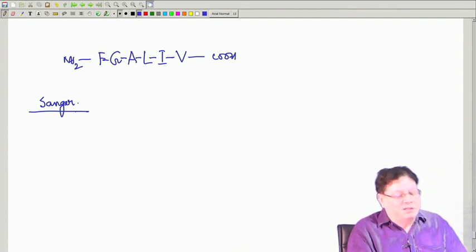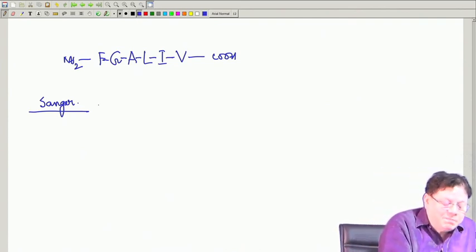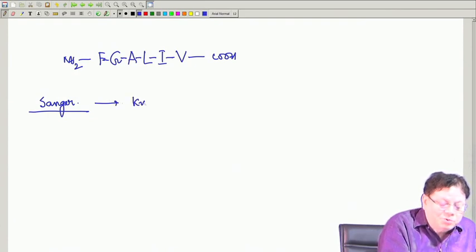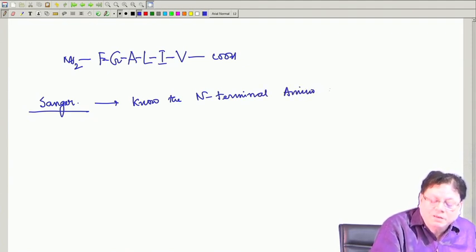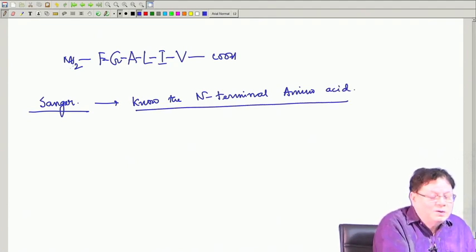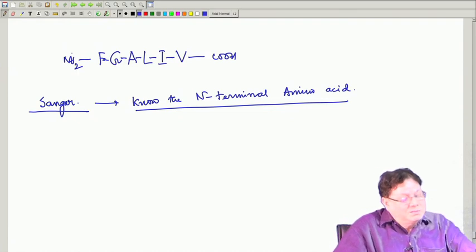He developed a method which was meant only to know the N-terminal amino acid, the N-terminus. So, he developed a method which can be used to know the N-terminus amino acid.